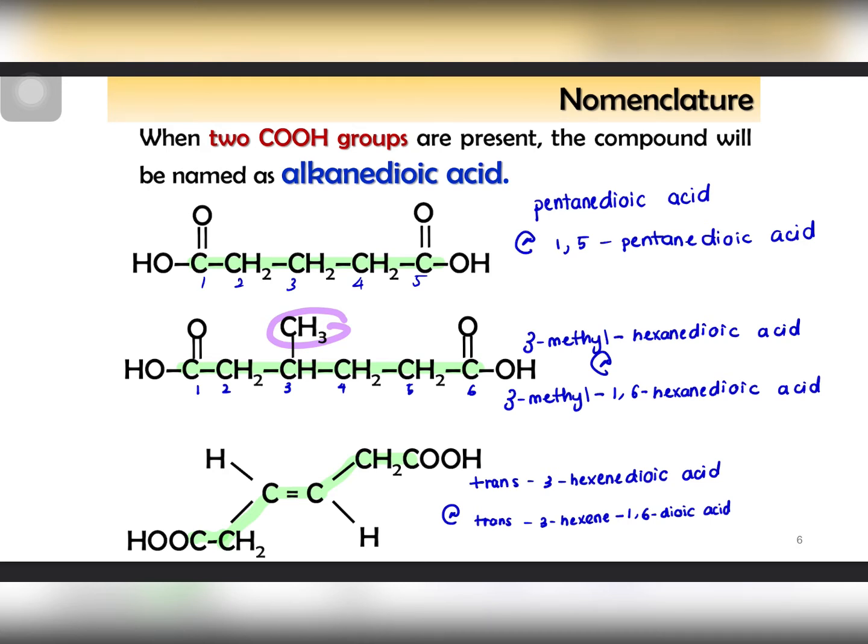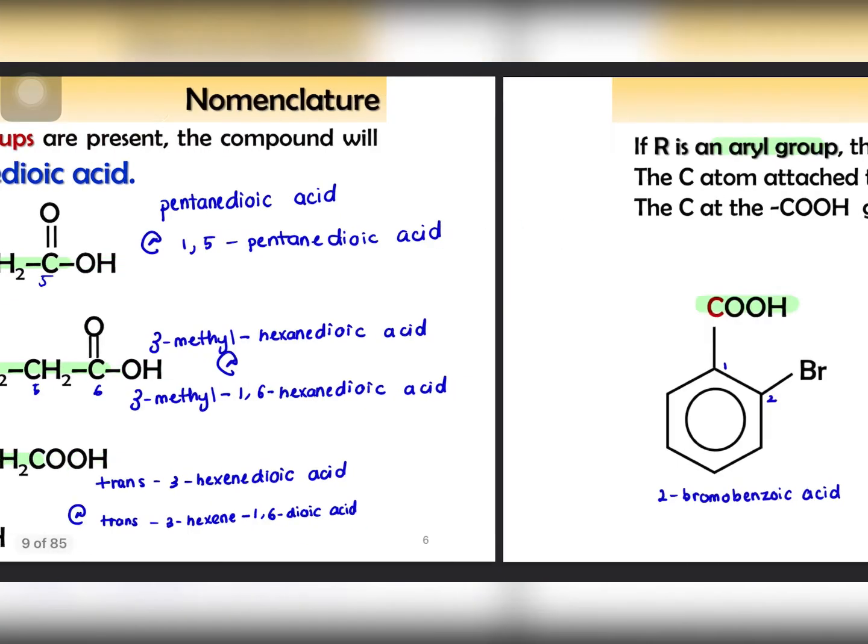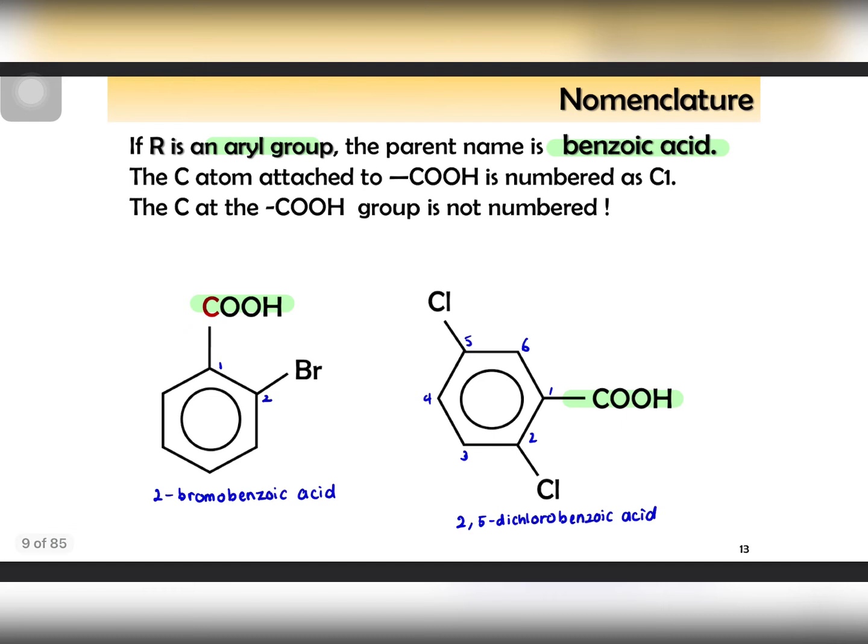So you have trans 3-hexene. So 3-hexene untuk indicate C double bond C berada di carbon yang ketiga, 1, 2, 3, 4, 5, 6. So it is trans 3-hexene dioic acid ataupun trans 3-hexene 1,6-dioic acid.